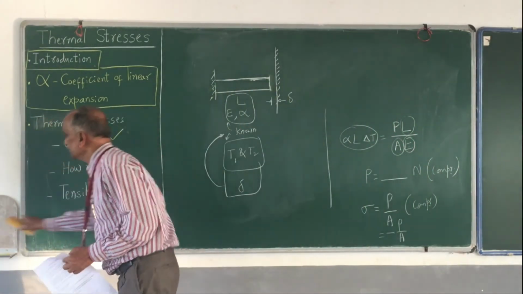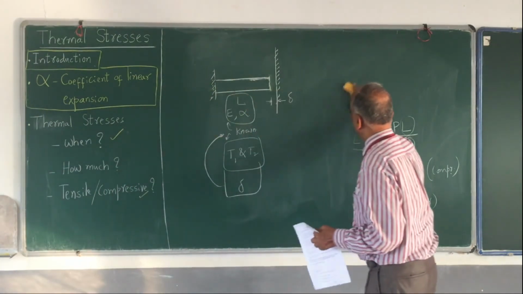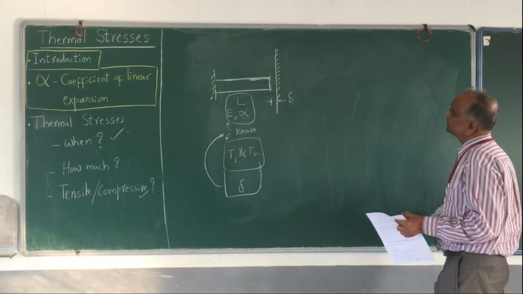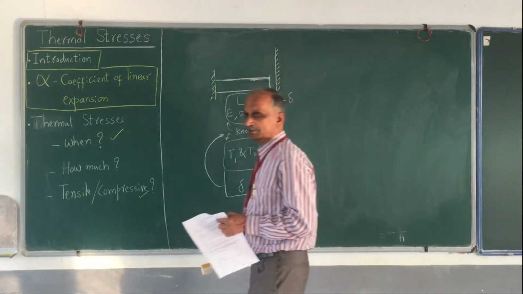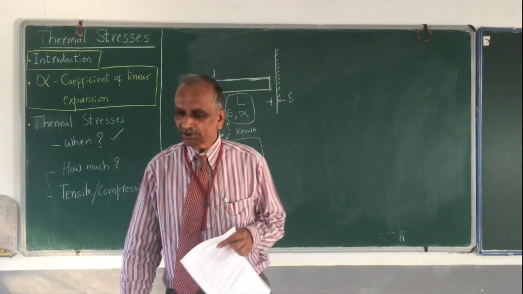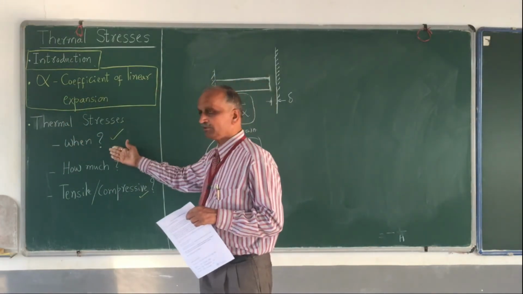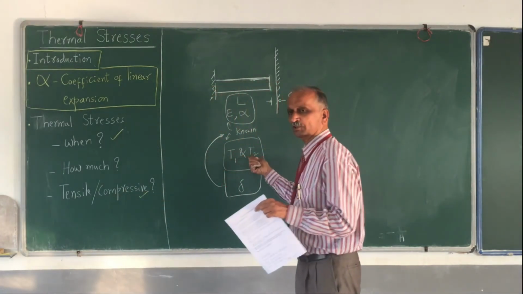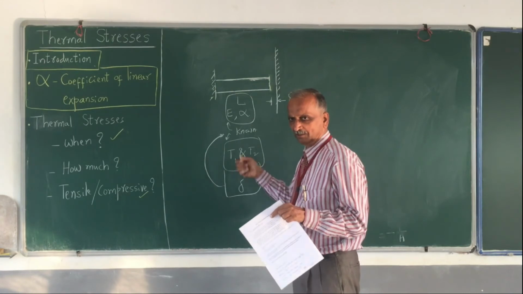So then what is the question? The question is whether the member is subjected to any stresses or not. How do you check when thermal stresses are induced? In this case, assume T2 is more than T1.